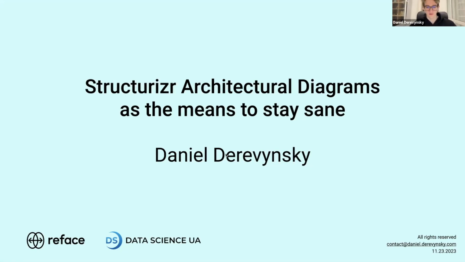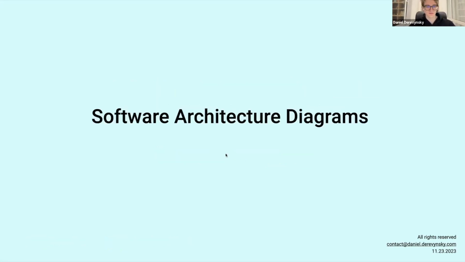Today I want to talk about Structurizr architectural diagrams. Let's start by discussing the definition of architecture diagrams, what they are. Software architecture diagrams, like any diagrams, are tools for visualizing your software architecture.